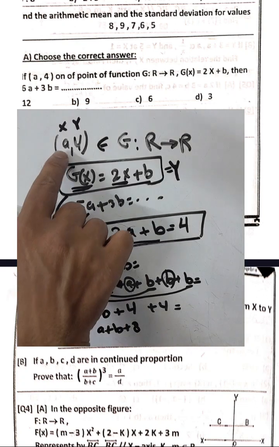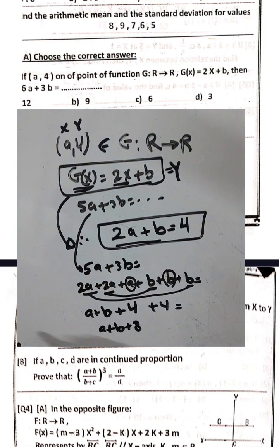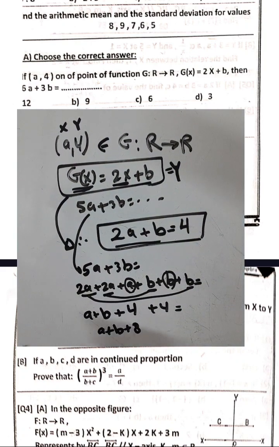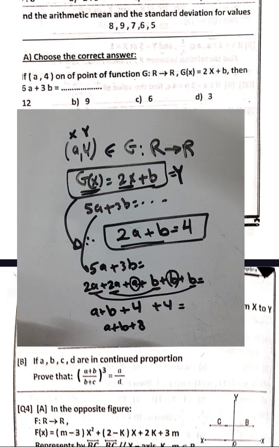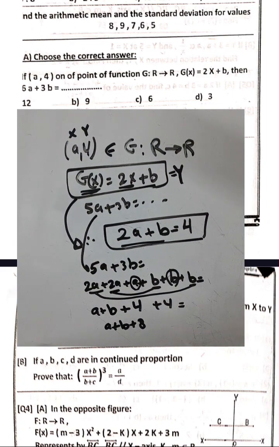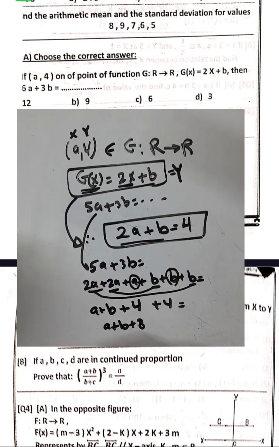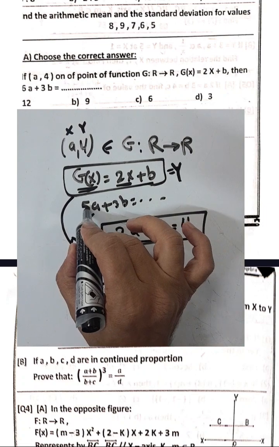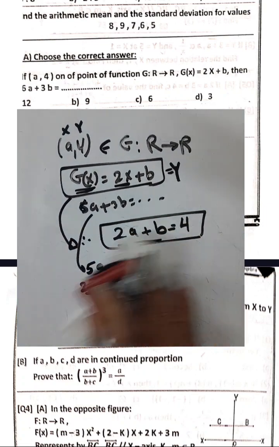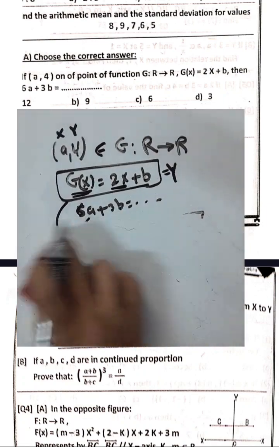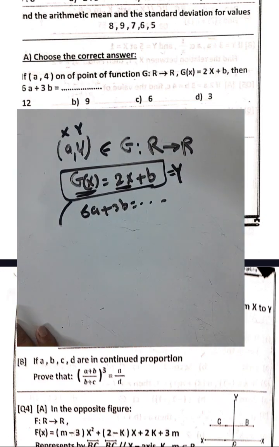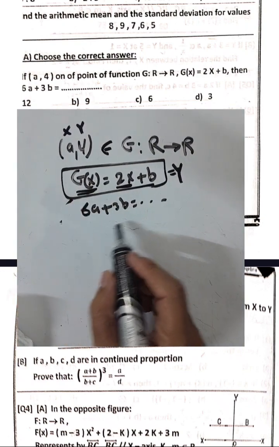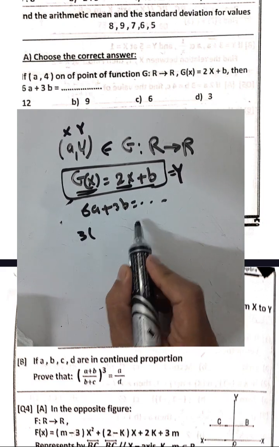We want to find the value of a and b. He gave us that (a, 4) satisfies this equation. We can write 2x plus b, then 5a plus 3b equals... it was 6a, this number was not clear to me. Okay, he wants to find 6a plus 3b. You can take 3 as a common factor between the two terms.